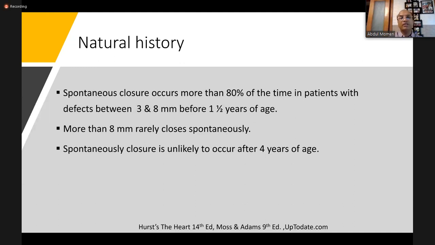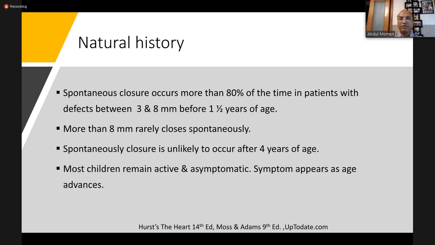So this is very important, the natural history. If the defect is less than 8, there is a chance of closure, and it may occur spontaneously within 1.5 years of age, but after 4 years of age, if ASD persists, closure is unlikely to occur. Most children remain active, asymptomatic, and symptoms appear as age advances.